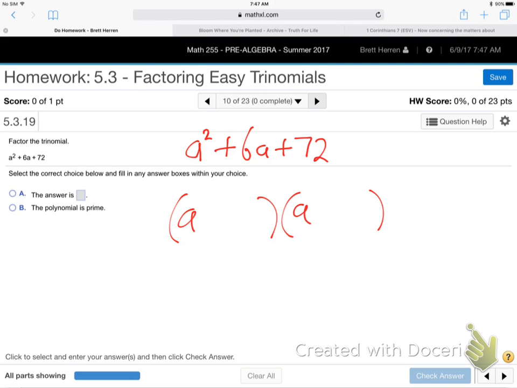So A's in the front. How you doing? What numbers multiply to be 72, add to be 6? 6 and 12. What do you guys got?